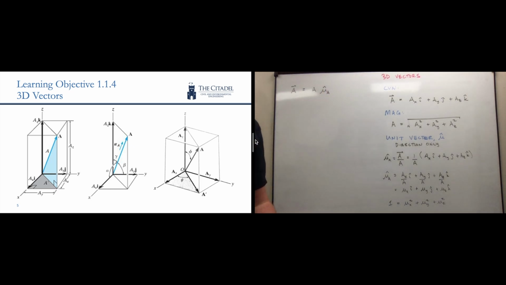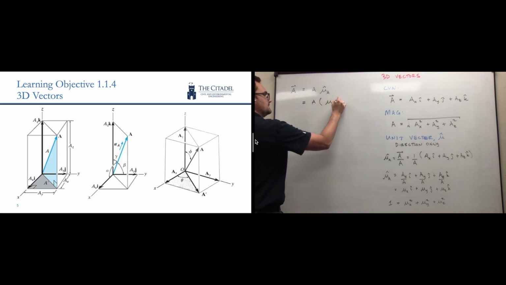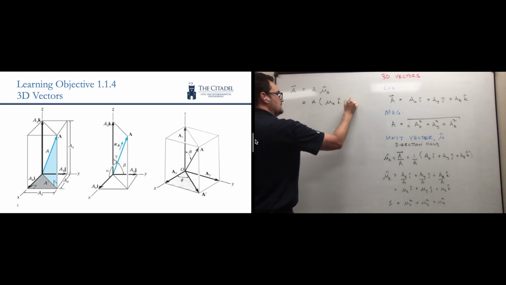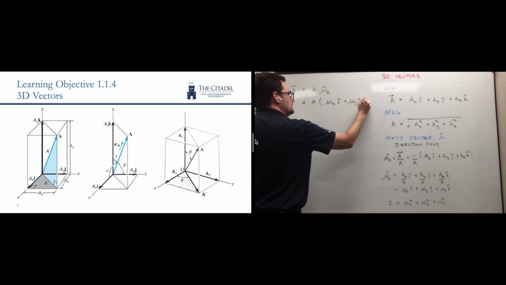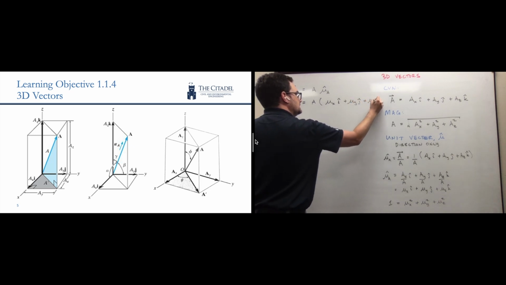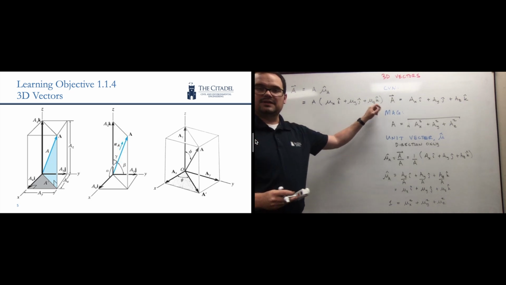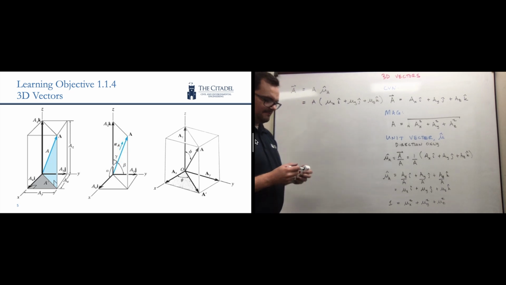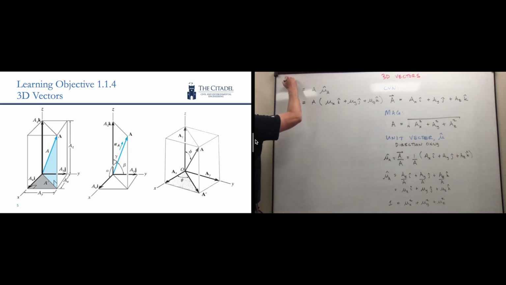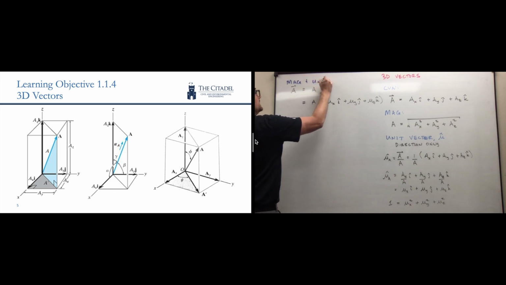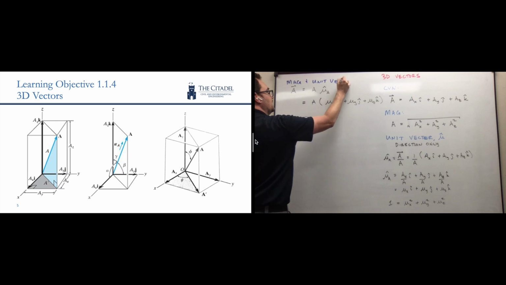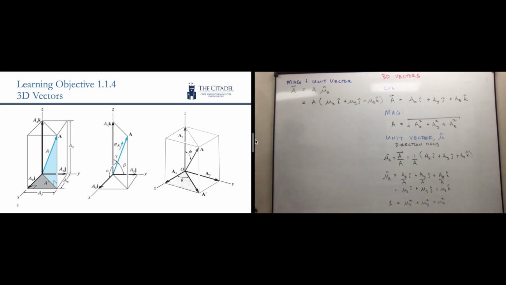This would expand back out if we wanted to convert back into Cartesian vector notation, like this. I could take that magnitude, multiply it by each of the components, and I will get my Cartesian vector notation back. So this is my magnitude and unit vector expression of a vector.